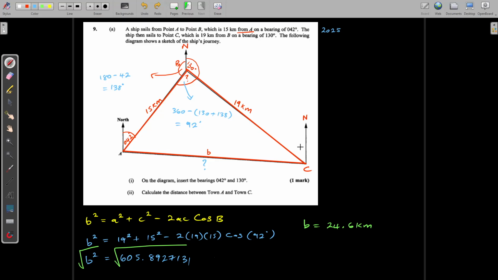Draw it towards A, like this. We start at the right of the north line, and we move in a clockwise direction until we get to the line that connects both points.